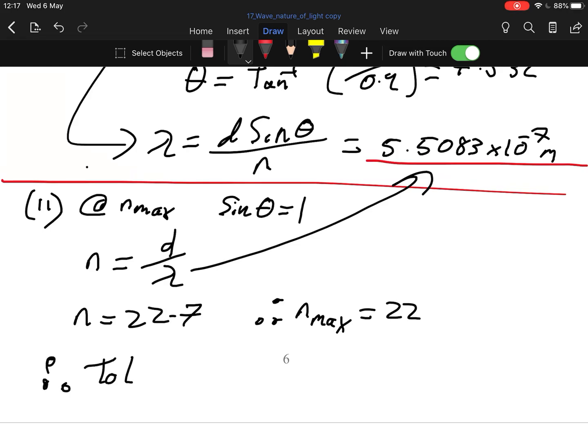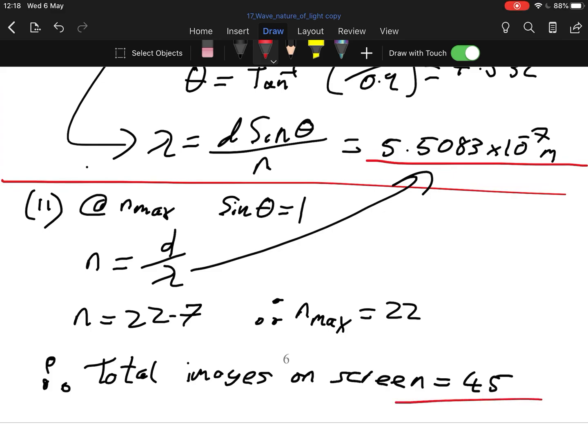So therefore, total images on screen equals 45. Where the hell did I get that number from? What's going on there? Have I completely lost it? Possibly, but that doesn't affect the fact that this is the correct answer.